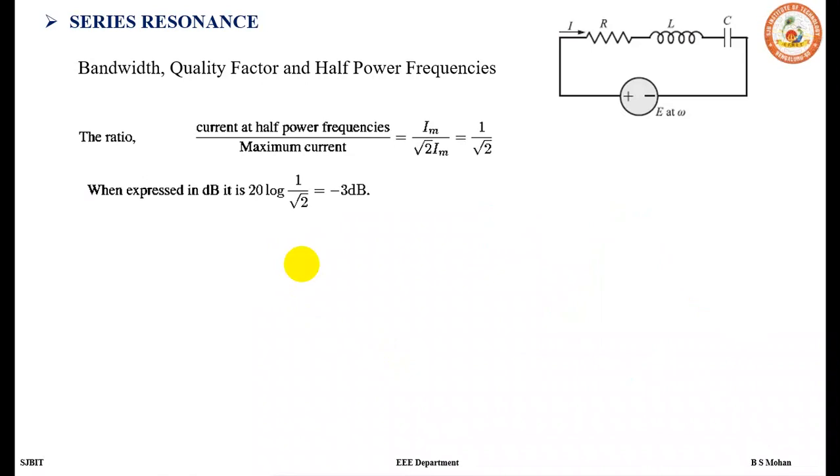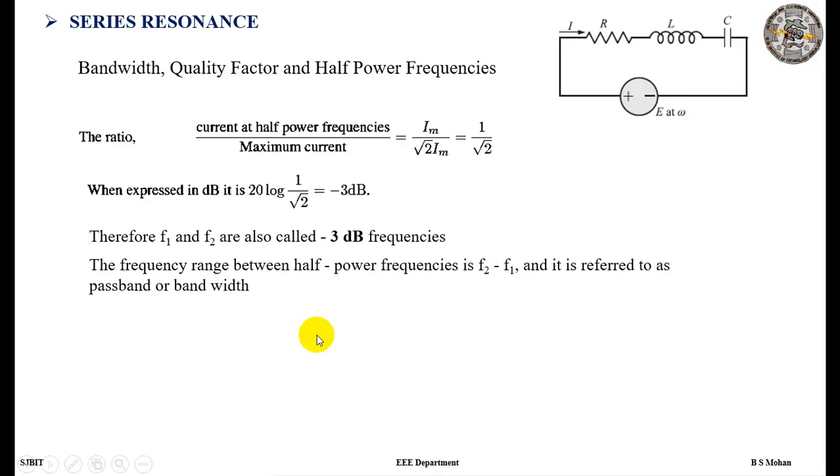Expressing it in decibels, 20 log 1 by root 2 is nothing but minus 3 dB. Therefore F1 and F2 are also called minus 3 dB frequencies. The frequency range between the half power frequencies is F2 minus F1, referred to as the passband or bandwidth.